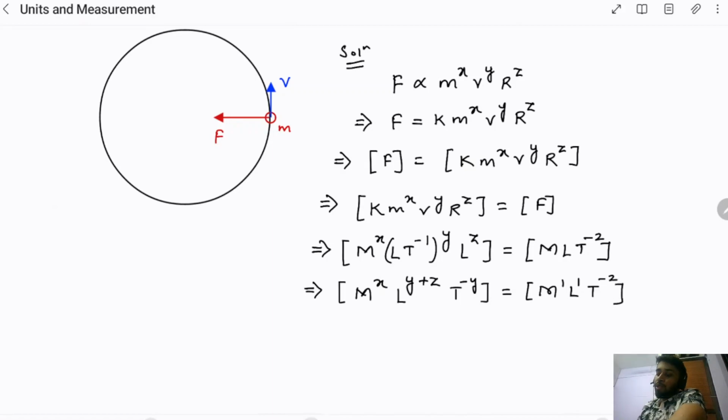So now we can equate the powers of the same bases. I hope you all are able to follow. Here the power of M is x on one side, whereas the power of M on the other side is 1. So x should be equal to 1. From this we get the value of x.